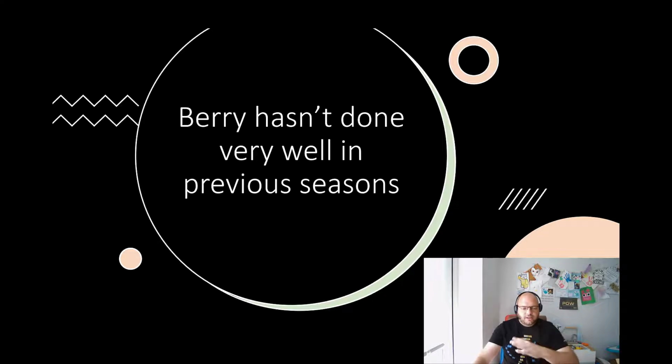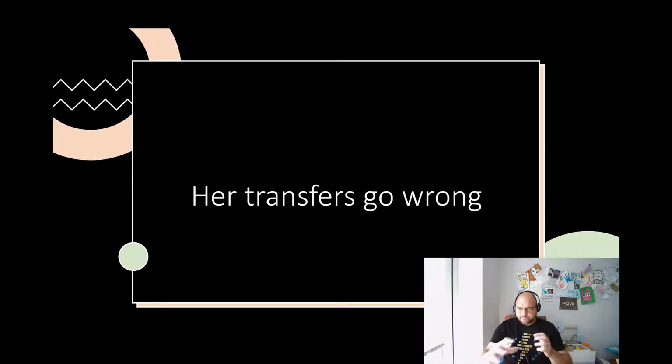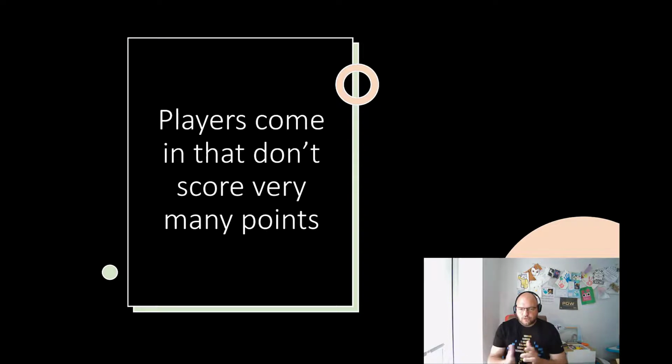So she wants to try and eliminate that from her decision making, and she'll bring in players that perhaps she thinks, she has a hunch, are going to score some excellent points, but when it comes to it, they don't deliver any points at all. And it leaves her a little shy in the league table. Her transfers go wrong.